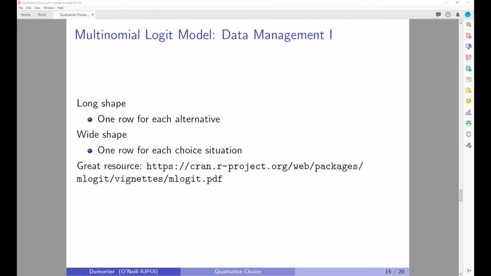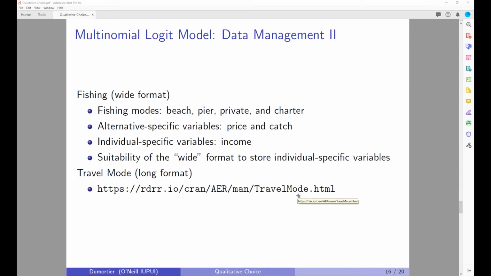What those data formats refer to is that in the long shape, you have one row for each alternative. In the wide shape, you have one row for each choice situation. Now, what does that mean? Let us have a look at two data sets, fishing and travel mode. Now, fishing will be in the wide format, where we have 4 fishing modes.